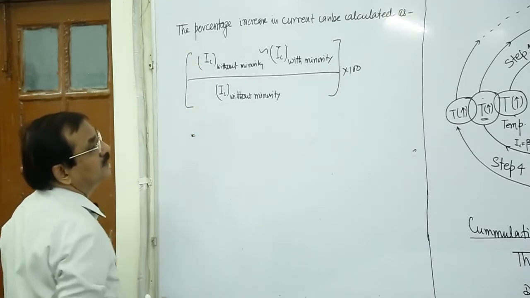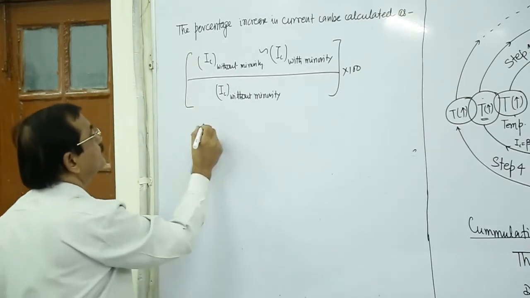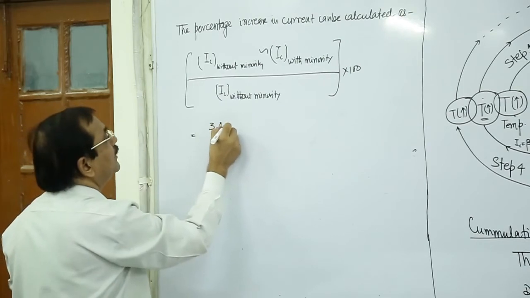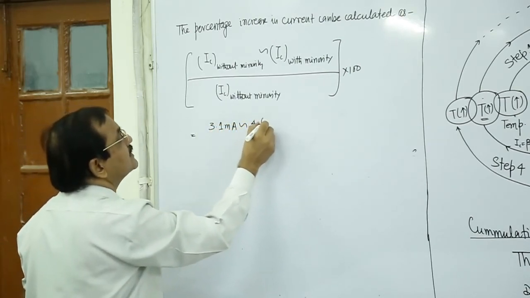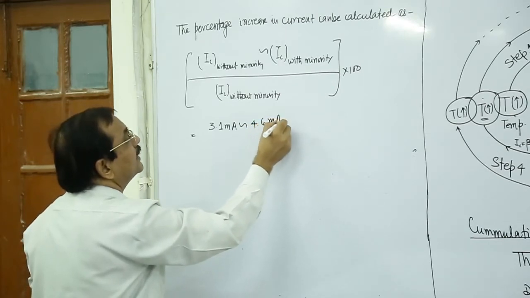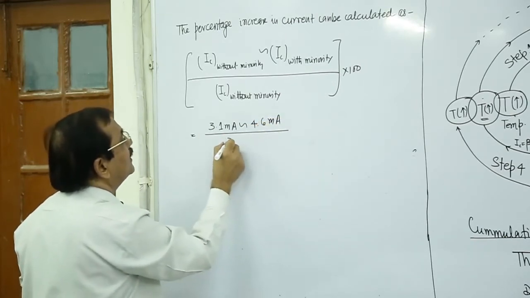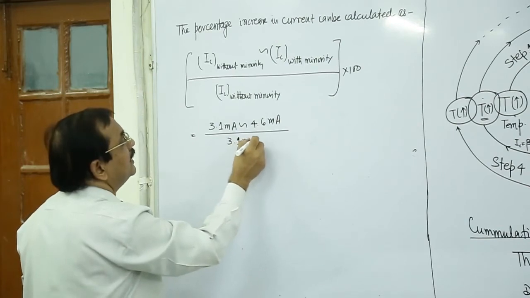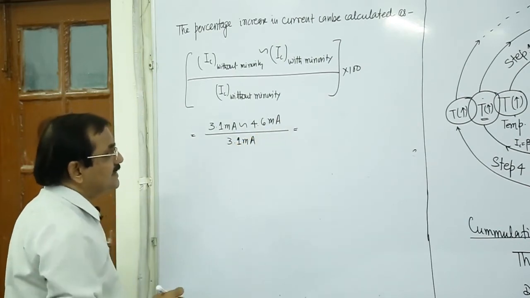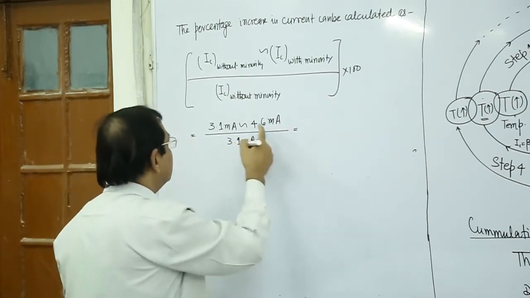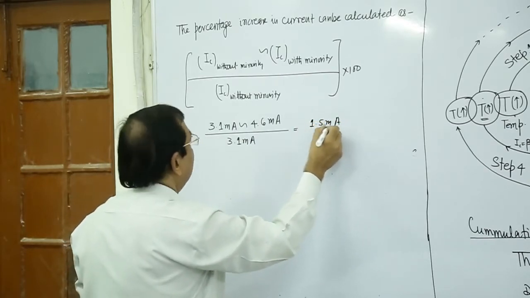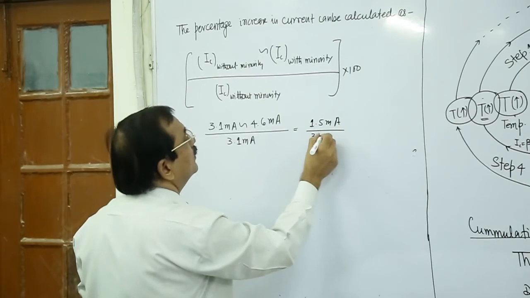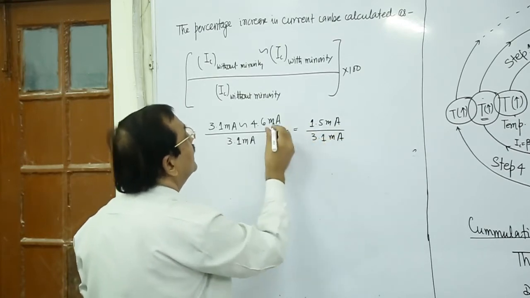That is 3.1 milliampere, difference 4.6 milliampere divided by 3.1 milliampere. So how much is this? This is 1.5 milliampere upon 3.1 milliampere.